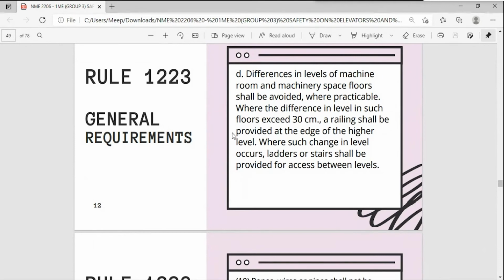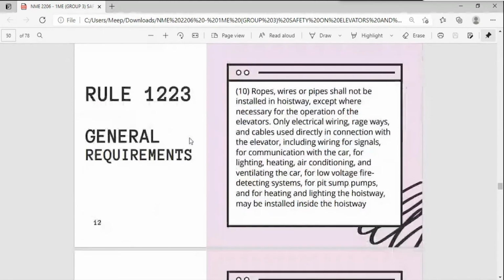So next, number 10. Ropes, wires, or pipes shall not be installed in hoistway except where necessary for the operation of the elevators. Only electrical wiring, raceways, and cables used directly in connection with the elevator, including wiring for signals, for communication with the car, or lighting, heating, air conditioning, and ventilating the car, or low voltage fire detection systems for sump pumps, and for heating and lighting the hoistway may be installed in the hoistway.